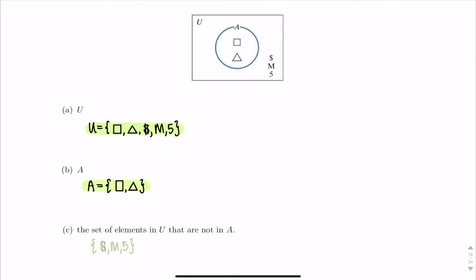Part C asks for the set of elements in U that are not in A. So everything that's in the square but not inside the circle. And so that would be the money sign, M, and 5.